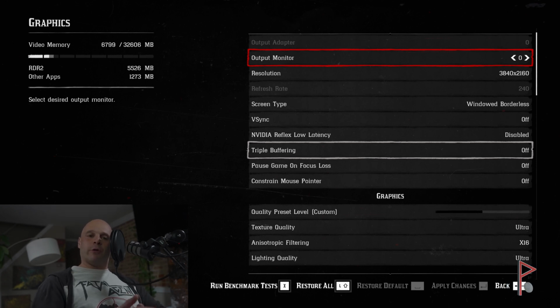And so this triple buffering introduces a frame in between, so that the GPU has a place to put the frame, so it's not constantly trying to catch up with the monitor, right? With the refresh rate of the monitor. And doing that enables your VSync to be more effective, right?